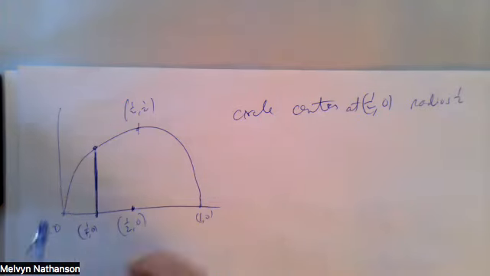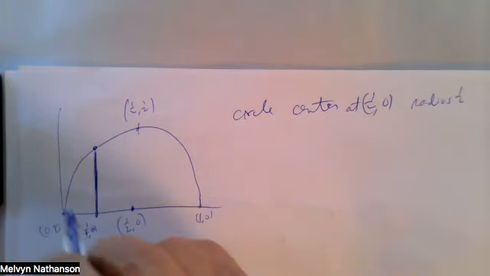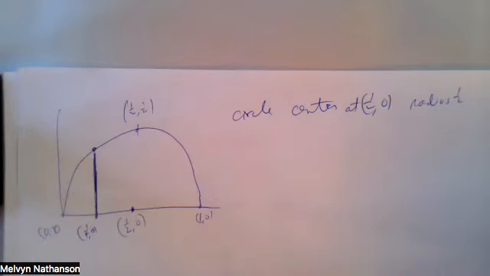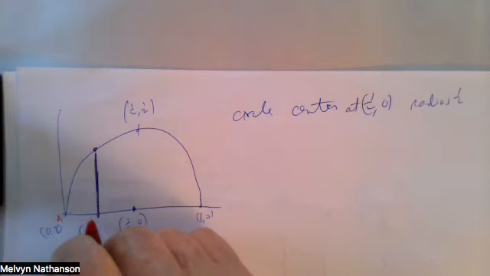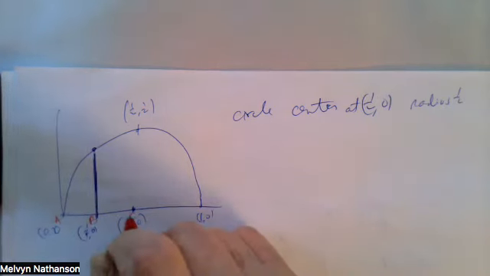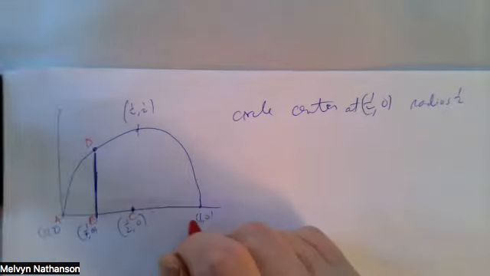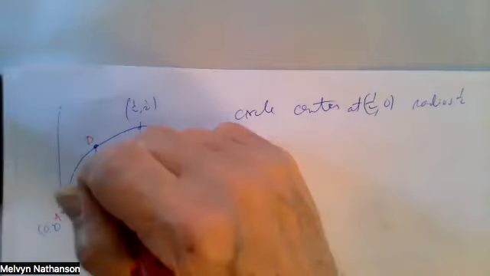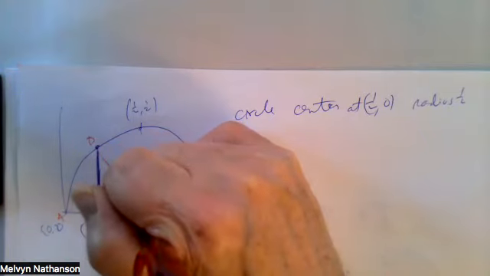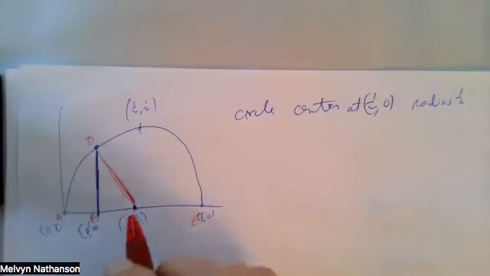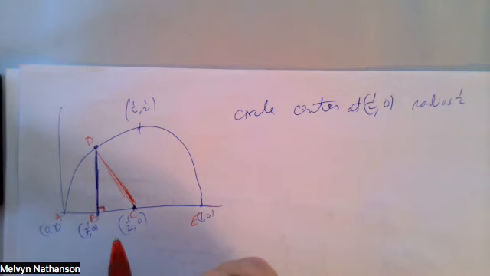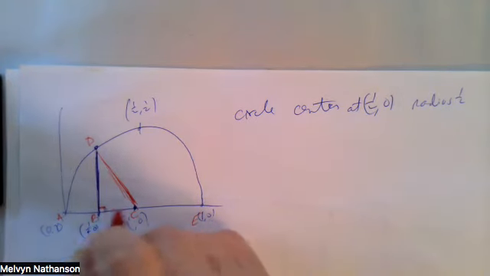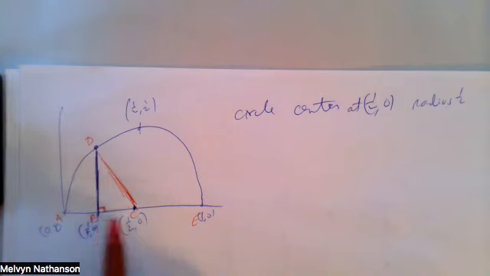Following the notation in the book, this is, let's say, point A, point B, point C, point D, point E. And I draw this radius. So this is a right triangle. This side is a half. Sorry, this side is a quarter.